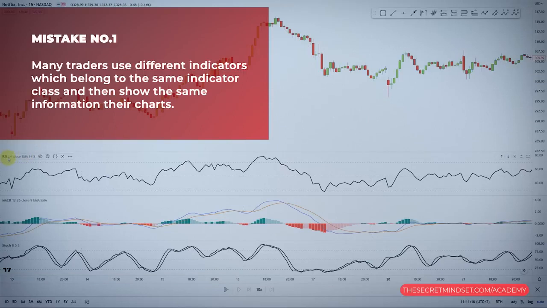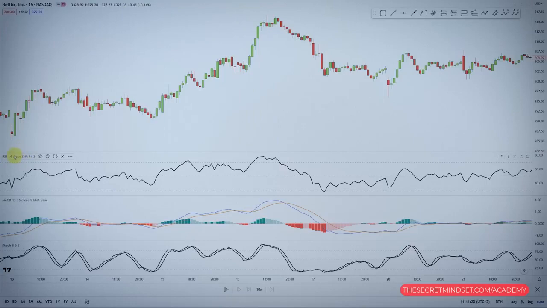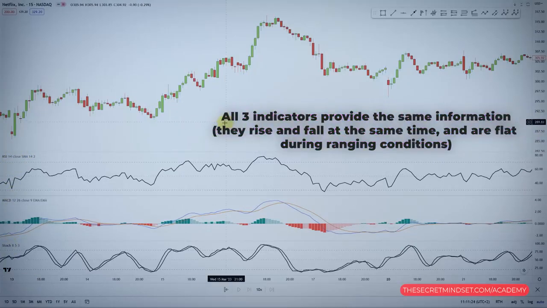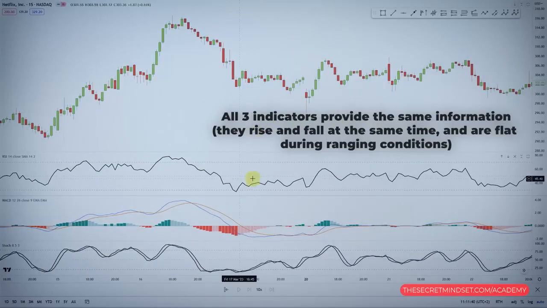If you take a look at this example, I've added 3 momentum indicators: MACD, RSI, and stochastic. Essentially, all 3 indicators provide the same information because they examine momentum in price behavior. You can see that all indicators rise and fall at the same time, turn together, and are also flat during no momentum periods.